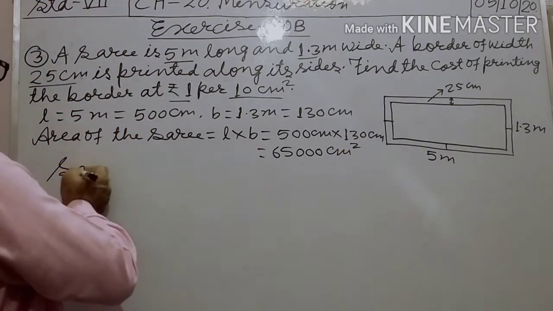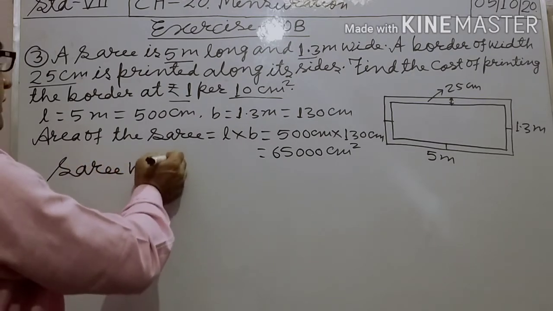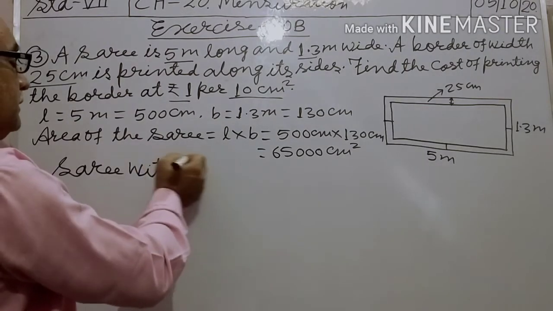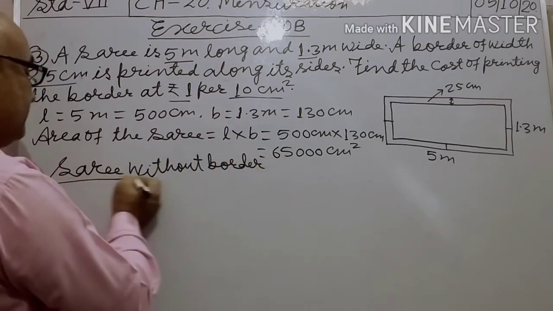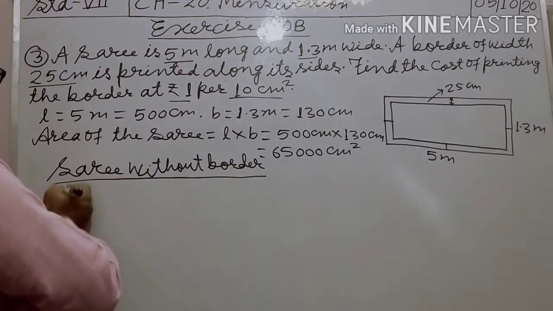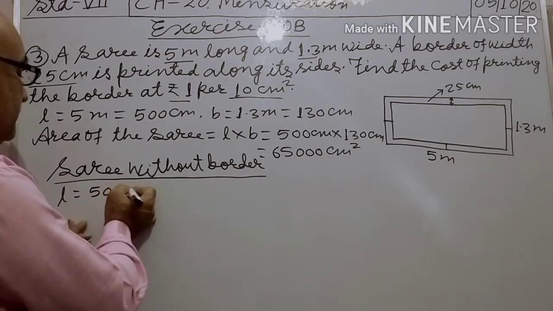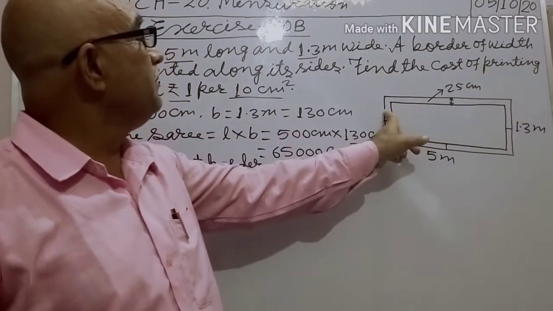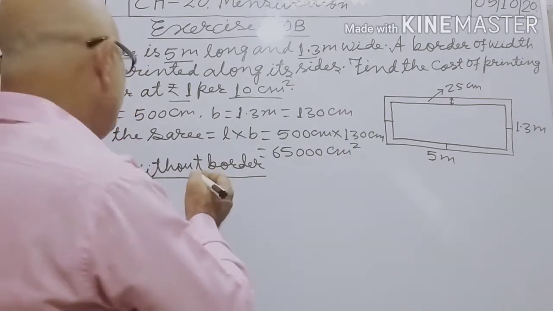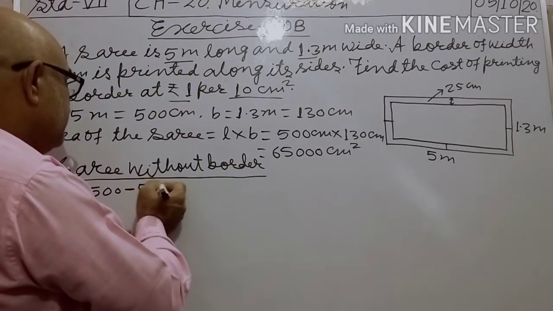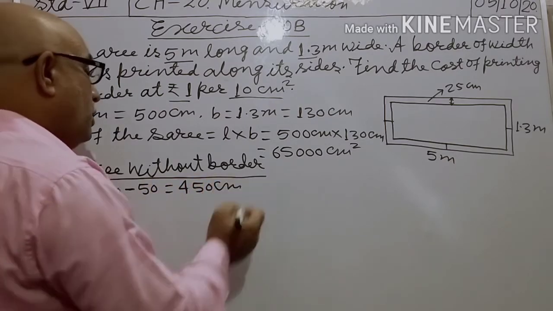Now side without border. Length 500 cm, subtract 25 cm this side and 25 cm that side. So 25 plus 25, 50 cm. 500 minus 50 equal to 450 cm.